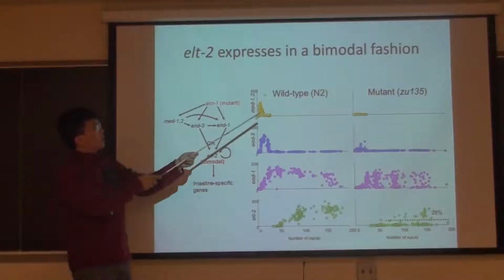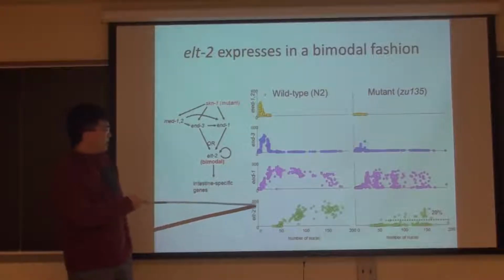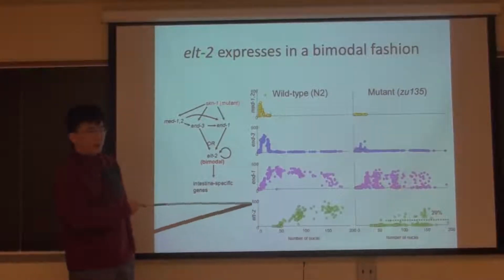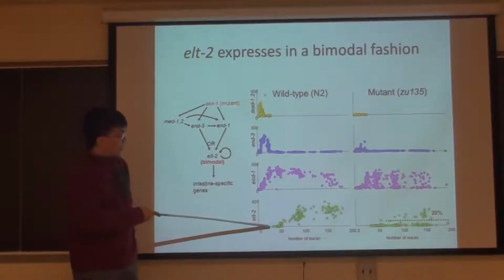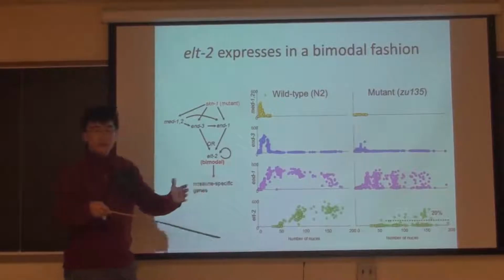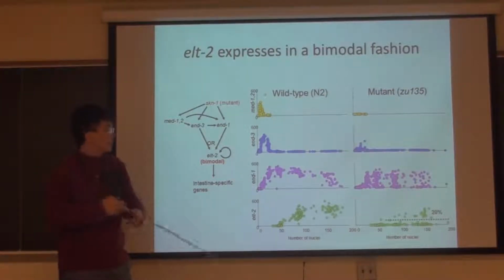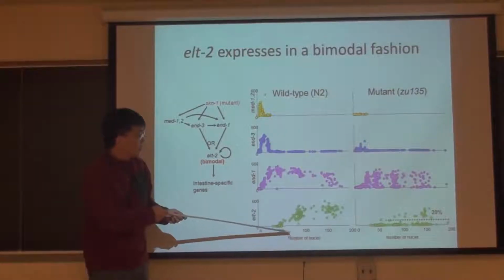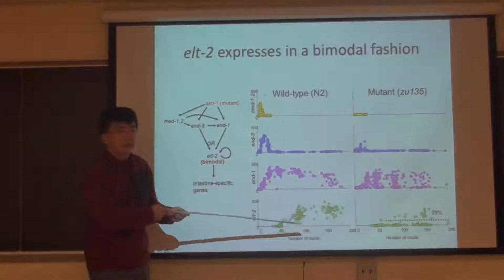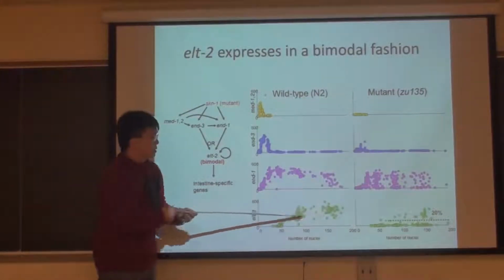So in the case of the wild type, what they're plotting here is the transcript count of this ELT2 gene, and the x-axis is the number of nuclei. As time goes on, embryos develop and grow, and the nuclei number will increase. So you use it as a pseudo time axis, and then this will eventually increase.